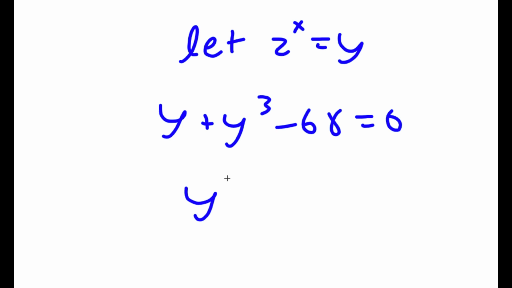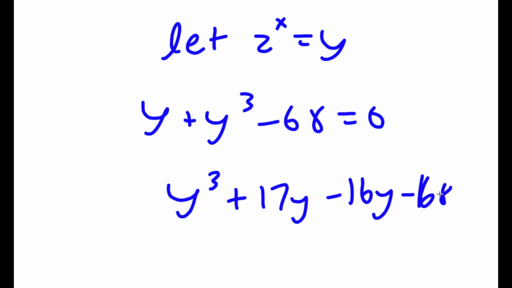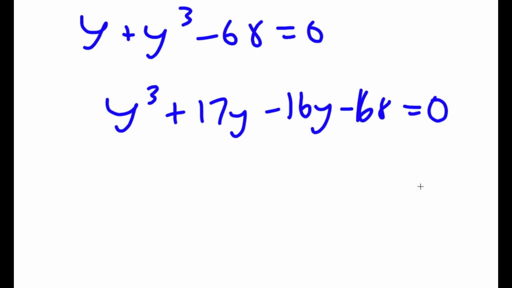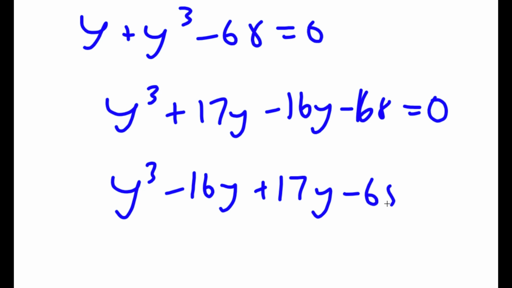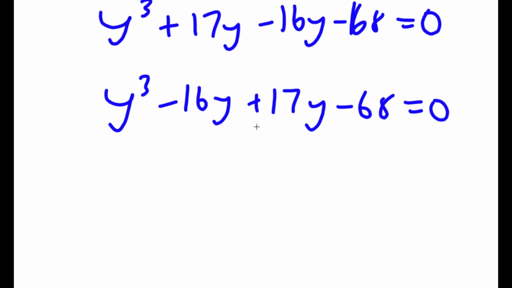And this is the same thing as y to the power of 3 plus, I'm going to write y as 17y minus 16y minus 68 is equal to 0. Now I get y to the power of 3 minus 16y plus 17y minus 68 is equal to 0. So I simply switch the places of 17y and negative 16y.